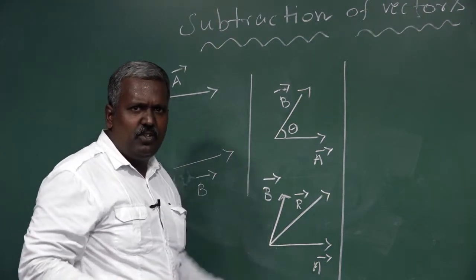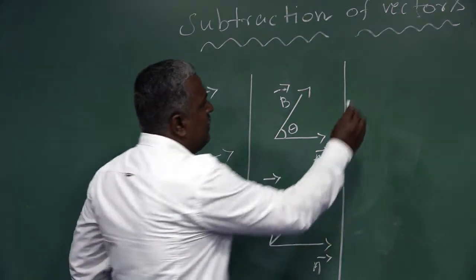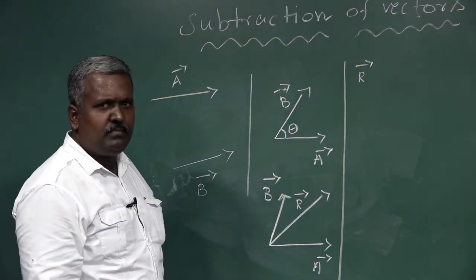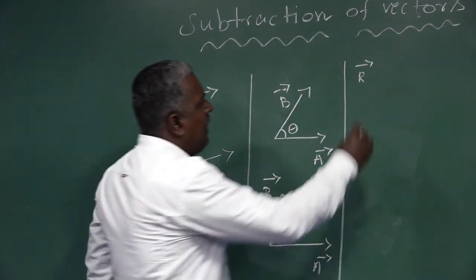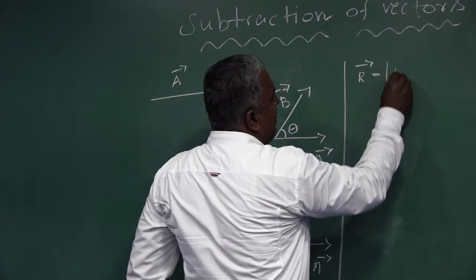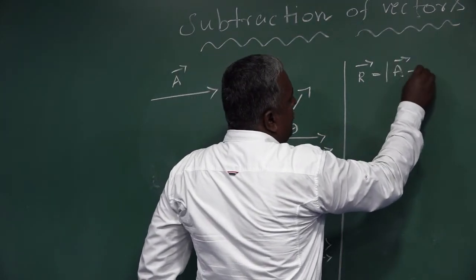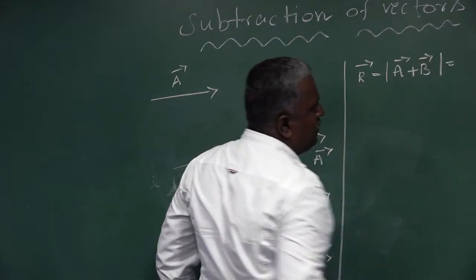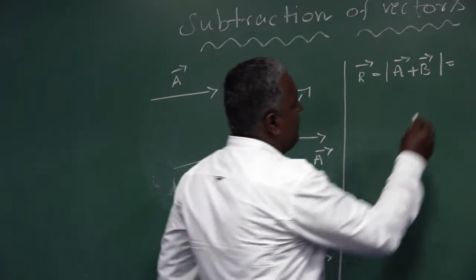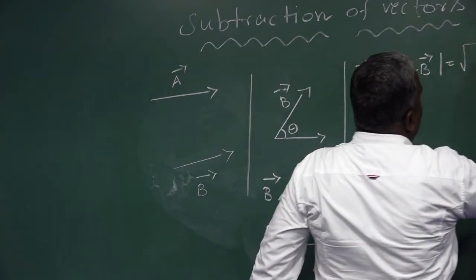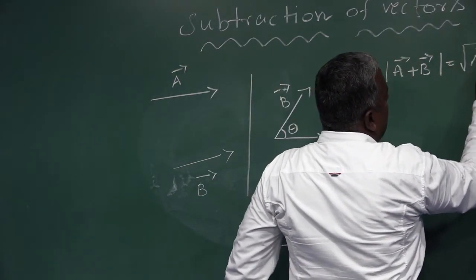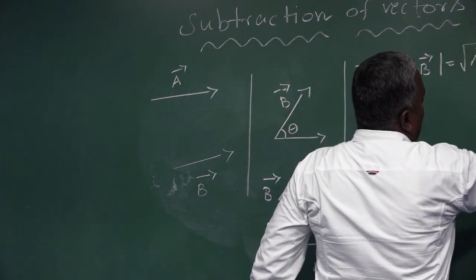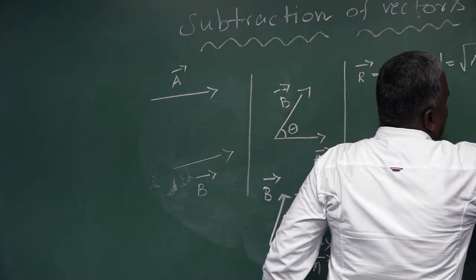So addition means A plus B. Resultant vector R vector is equal to the modulus of A vector plus B vector, which is equal to the root of A square plus B square plus 2AB cos theta. That's all.